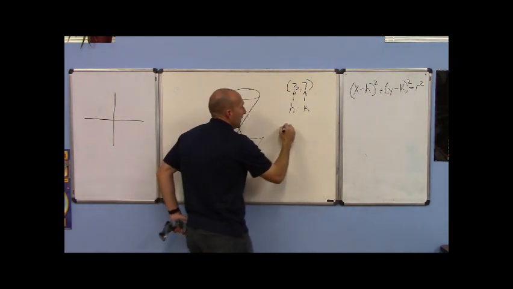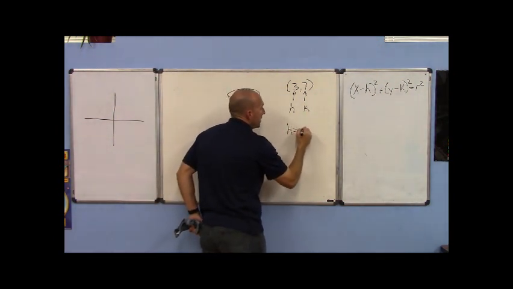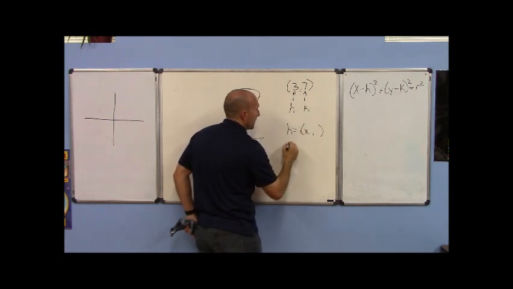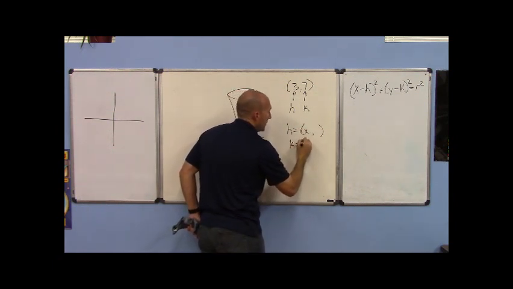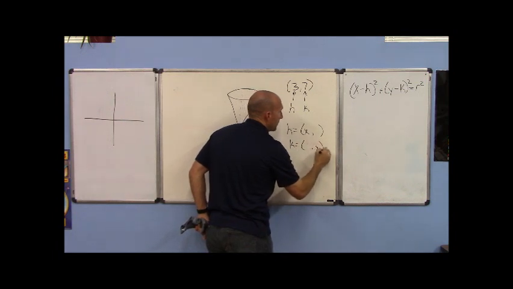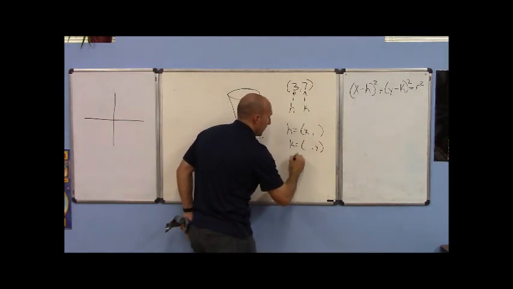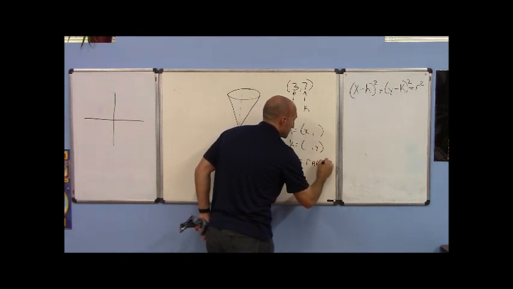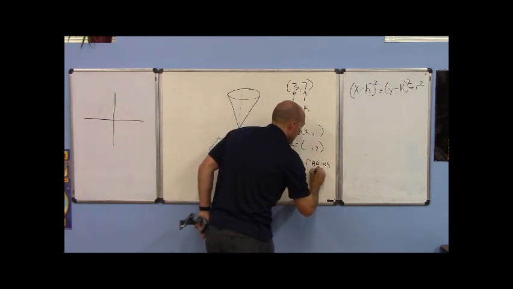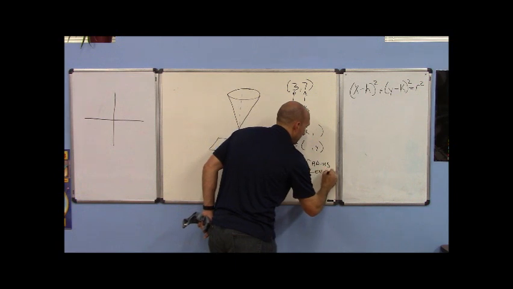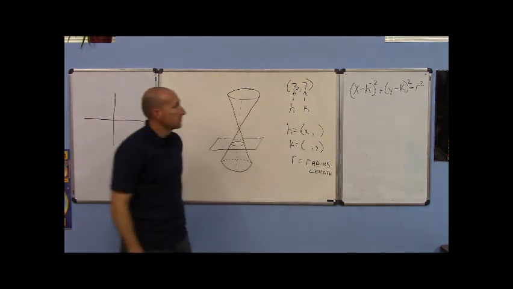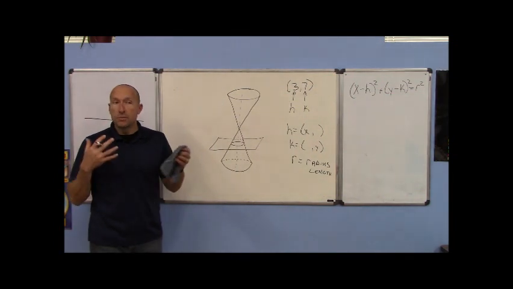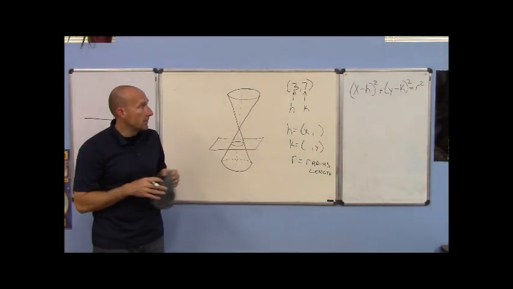Or h is going to be the x part of your coordinate, k is going to be the y part of your coordinate, and then r equals radius length. Depending on which way you prefer, it doesn't matter.